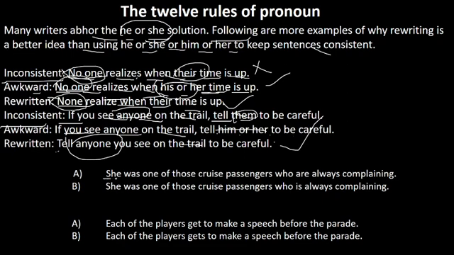So look at it. "She was one of those cruise passengers who are always complaining." "She," singular, "was one of those cruise passengers who are."